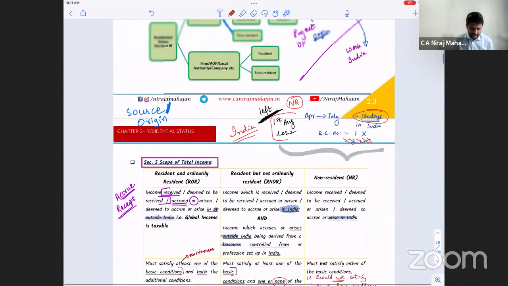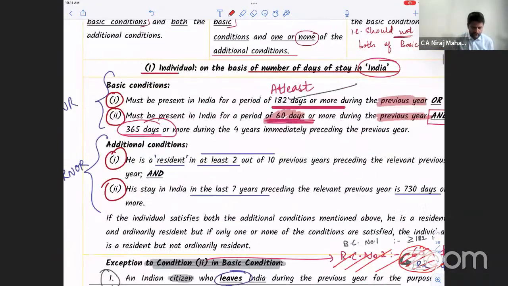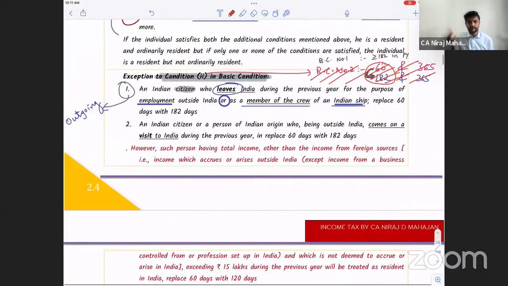So what is the relief? Check here now. The relief is given to whom? Those who are leaving India for a job, and secondly, a member of the crew of an Indian ship. For them, we do not check basic condition number 2. Is it right?